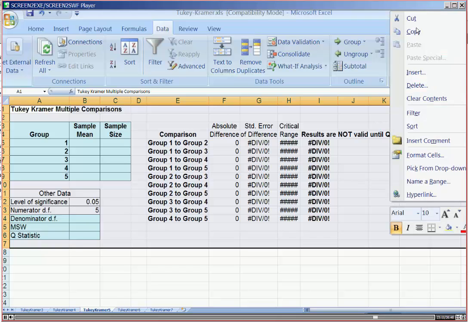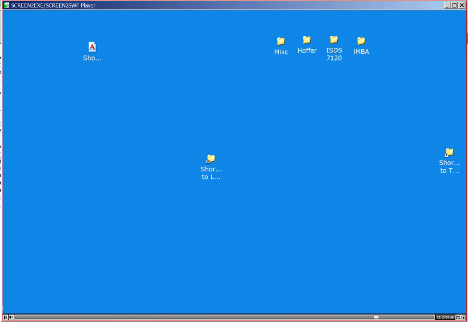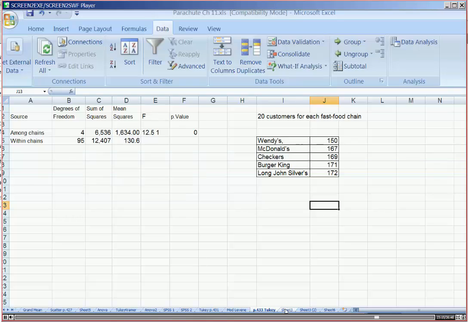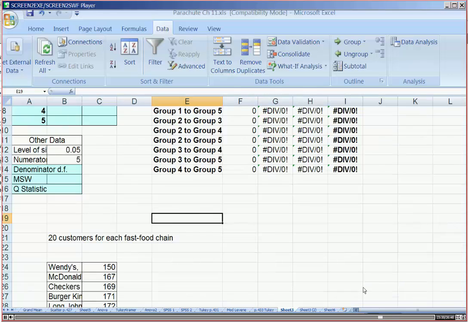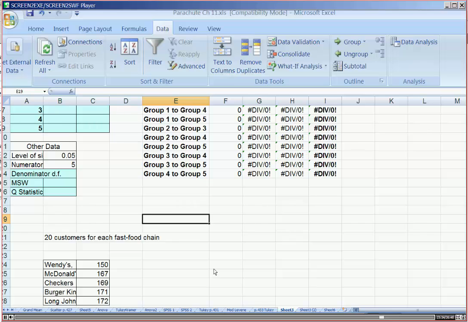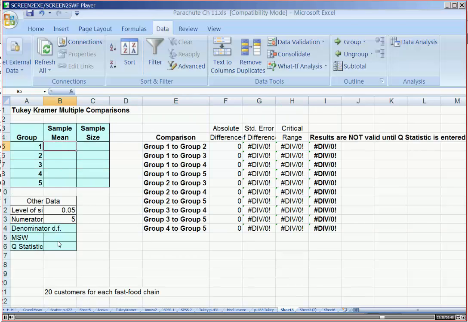We're going to copy this and use it here. We have sample means that I just copied from the previous sheet.